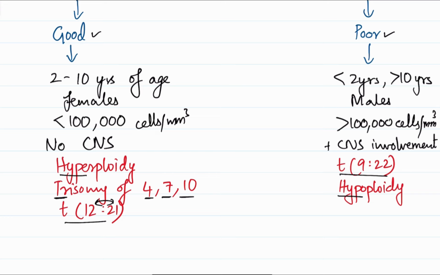The good prognostic factors involve females between the age of 2 to 10 years having a WBC count less than 100,000 cells per cubic millimeter without CNS involvement, genetically hyperploidy and trisomy 4, 7, 10, and translocation of 12 with 21.